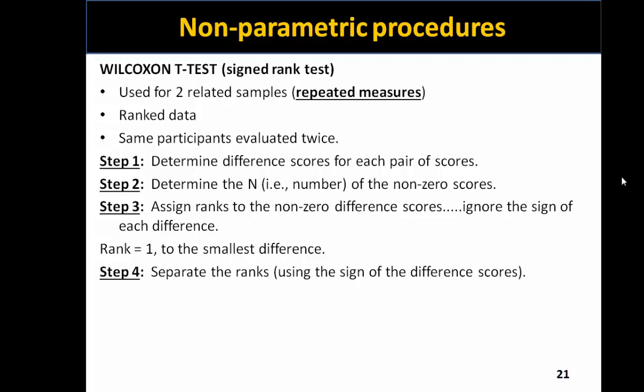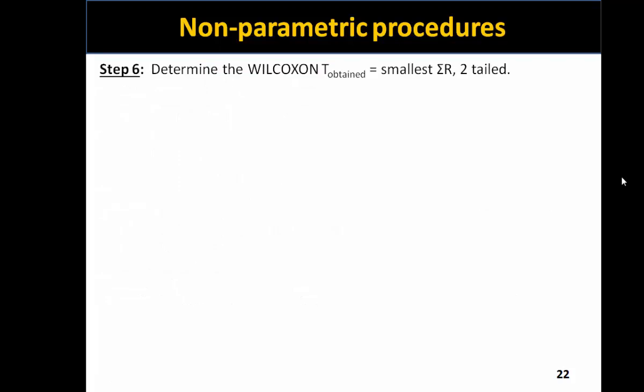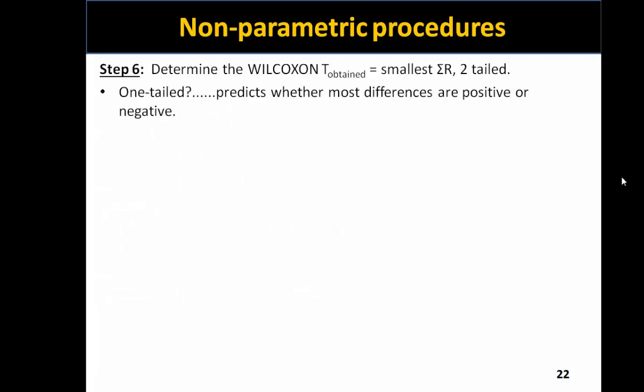The ranks are then separated using the sign of the difference scores. And so some of the difference scores could be positive, some could be negative. The ranks for the positives are then summed, and the ranks of the negative scores are then summed up.